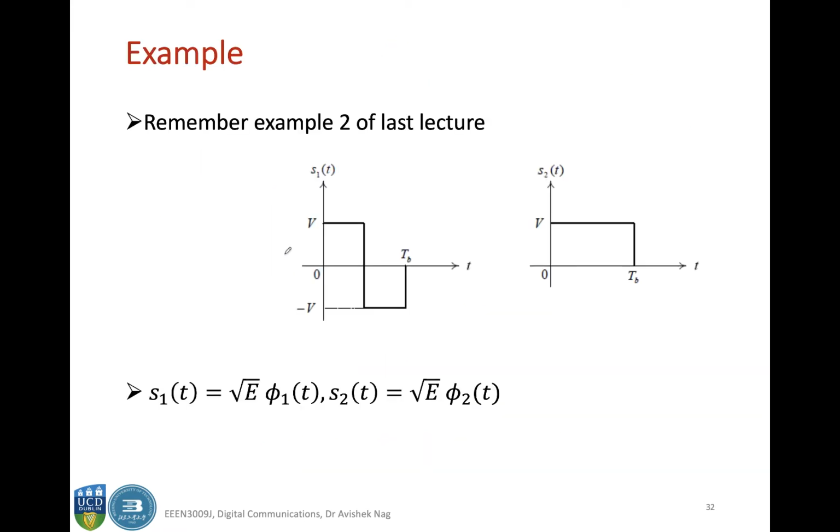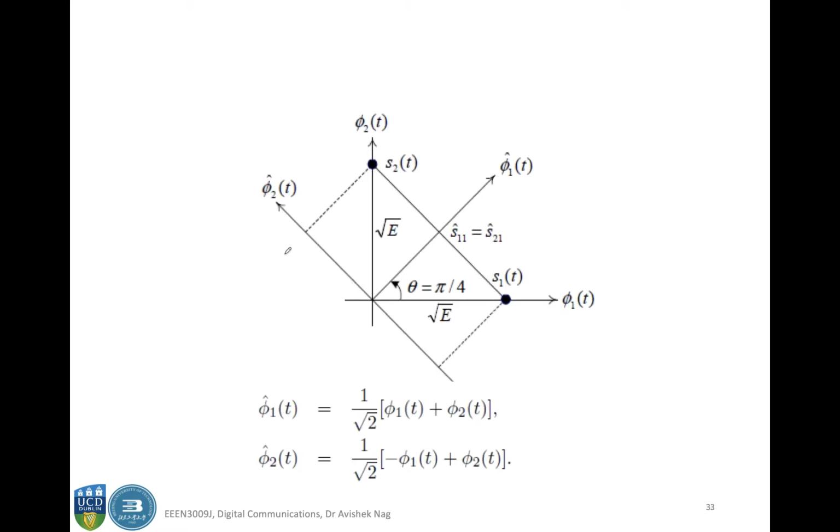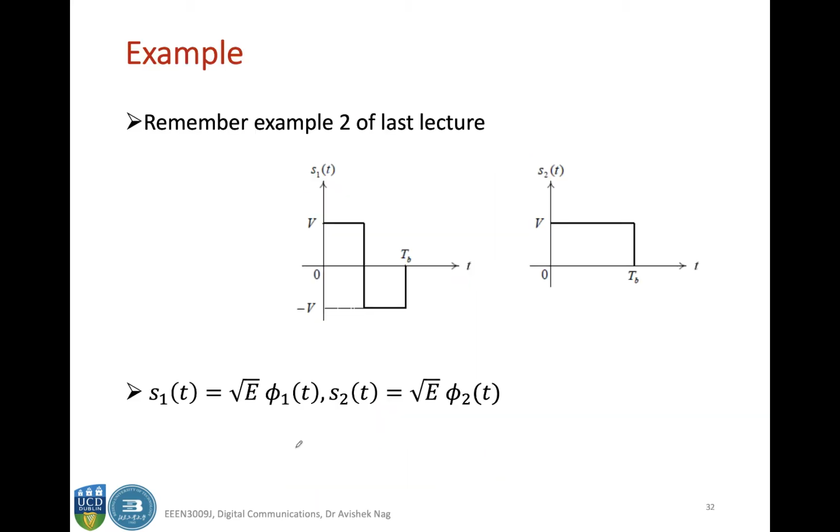So if you remember example 2 of the last lecture, we had S1(t) and S2(t), and they were represented like this. In that case, your original S1(t) was here compared to phi 1(t), and S2(t) was here, and then if you rotate the axes by an angle pi by 4, then this is the equation of the transformed orthonormal basis functions, based on this formula here.